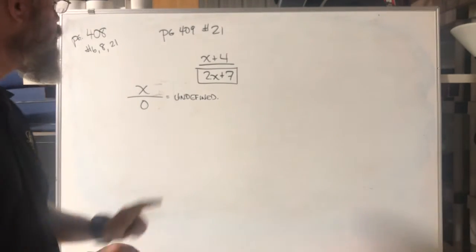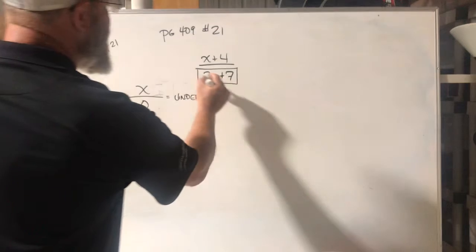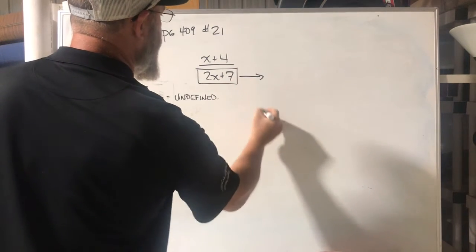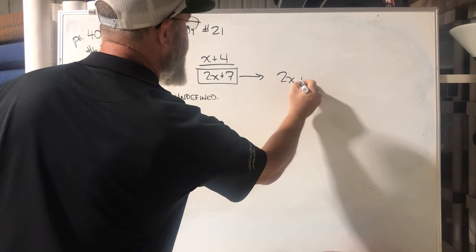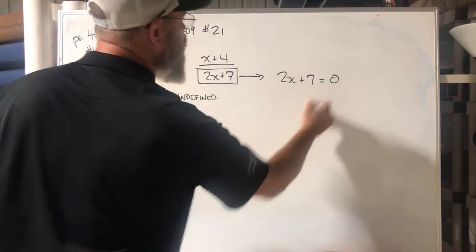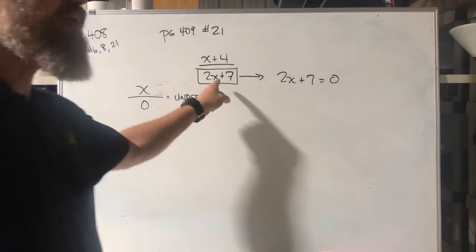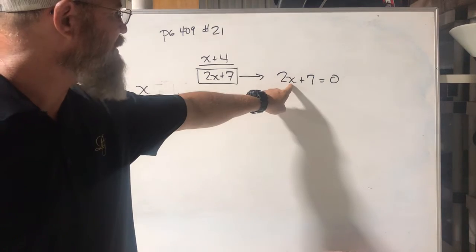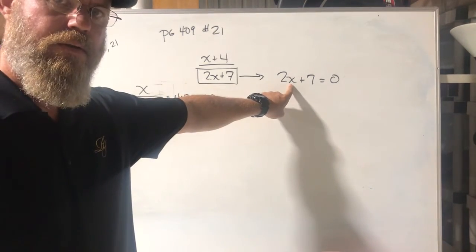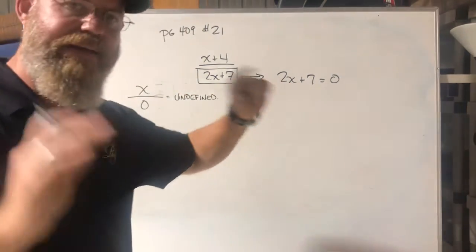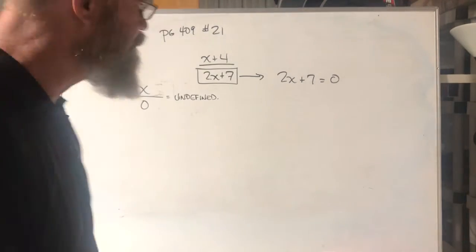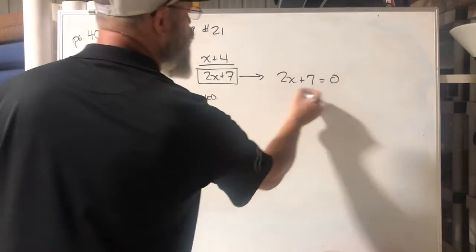Okay? So what we do is we take this denominator and we set it equal to 0, because we don't want it to be 0, and we need to find out what x equals to make it equal 0, and that's what we know x cannot be. All right? So all we do is solve this equation.